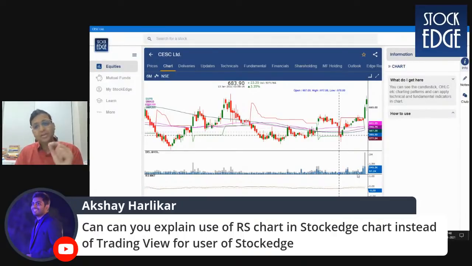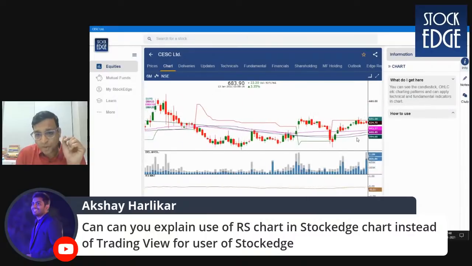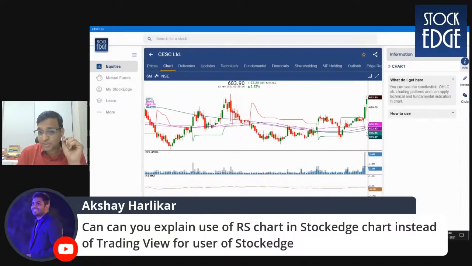I will use a small quantity because my super trend is also positive, and all the moving averages are showing that this stock is going up. So I will build a small quantity position in CSC, and once RS is above zero, then it's my stock. Then I will build more quantity and ride the rally in this stock because I know for sure that the outperformance of the stock is now established.